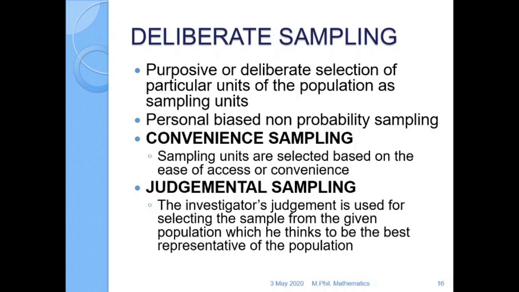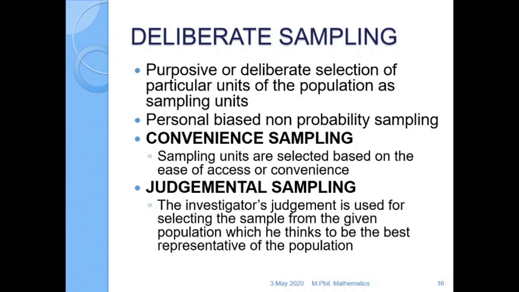The investigator or researcher purposefully or deliberately selects or omits certain units of the population in the sample. So it is an absolutely biased sampling technique.